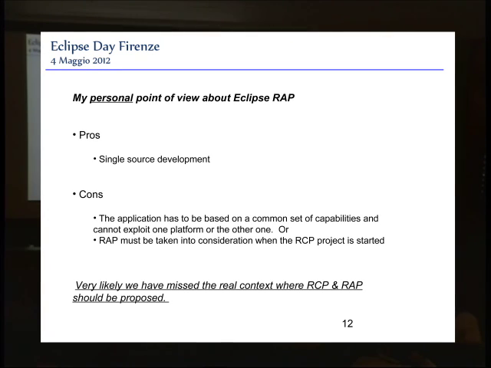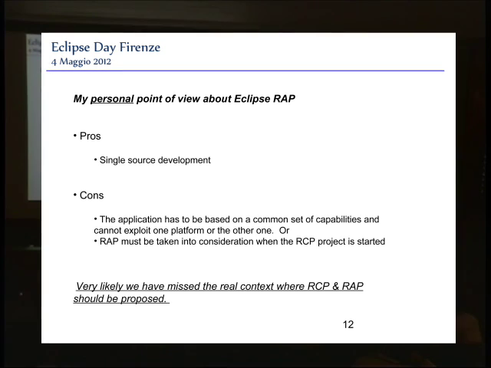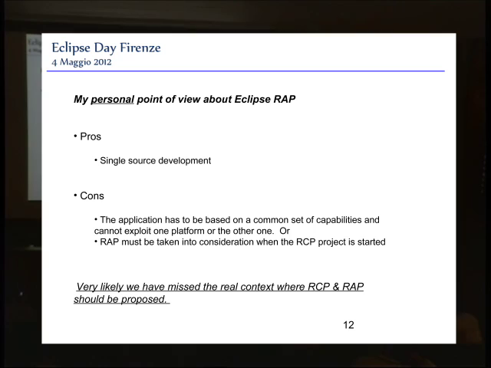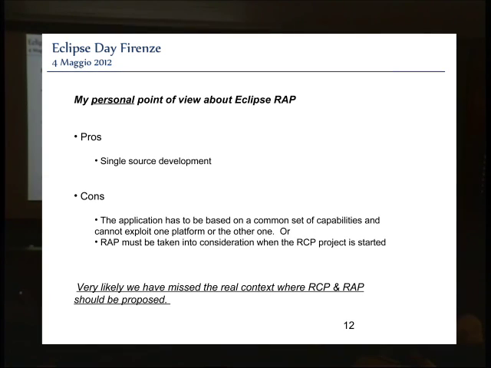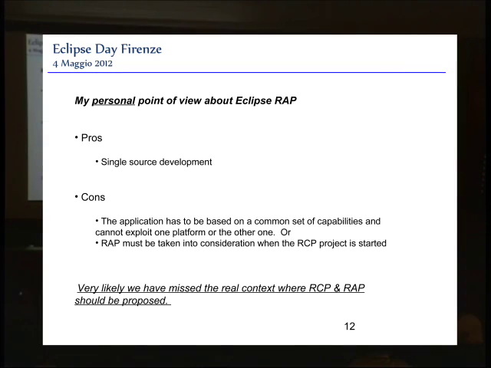The bad point for myself was that at that time the RCP, mainly as far as concerned the SWT, provided more capabilities than what was available in the user interface of RAP. So basically, we couldn't move all the user interface that we had developed from RCP, SWT to RAP.